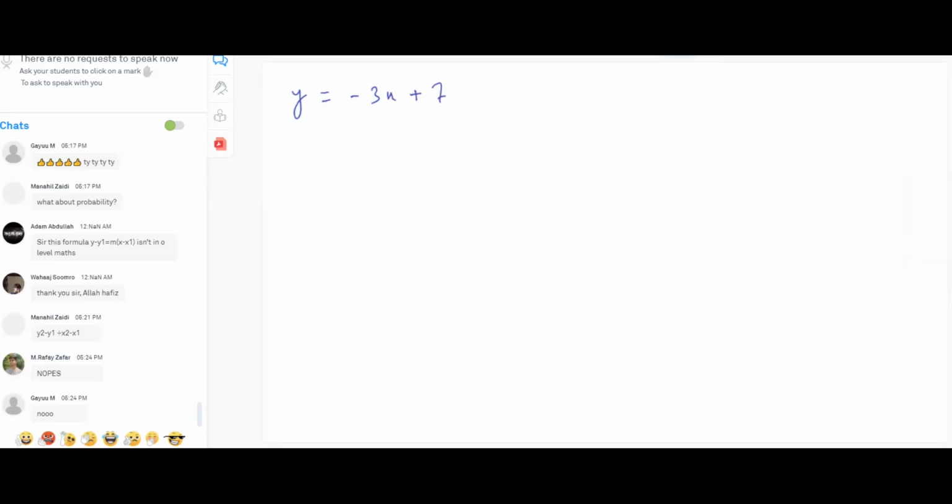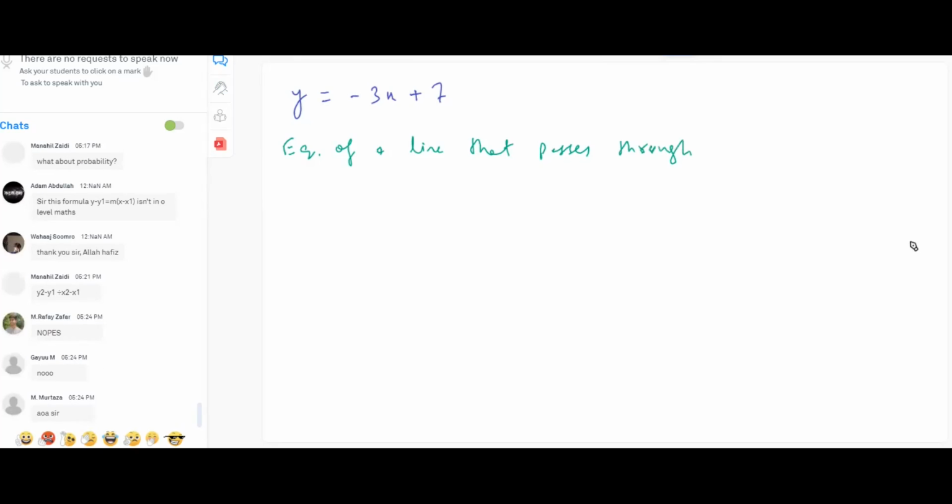And you're asked to find the equation of a line that passes through -1 and 3 and is parallel to, let's say, L. इस लाइन को हम L नाम दे देते हैं.